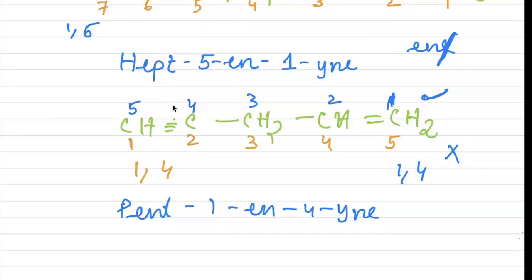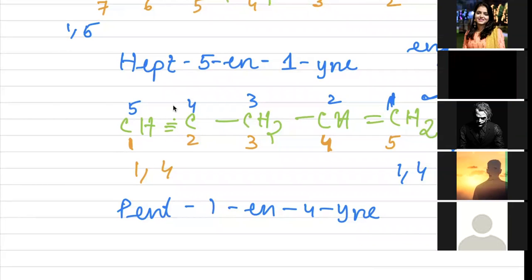See, this is 1 where the triple bond started, and this is 4 where the double bond started. So if we do the numbering from both sides, the lowest set of locants comes 1 and 4. Then which bond, double bond or triple bond, will get the preference? Here the double bond will get the preference over the triple bond. Clear?